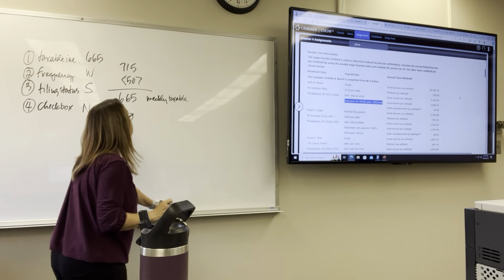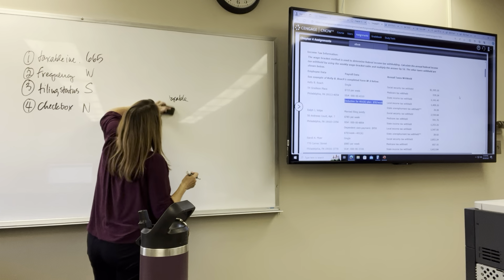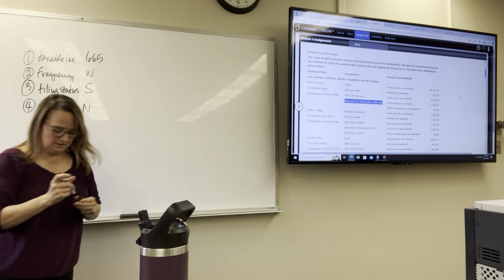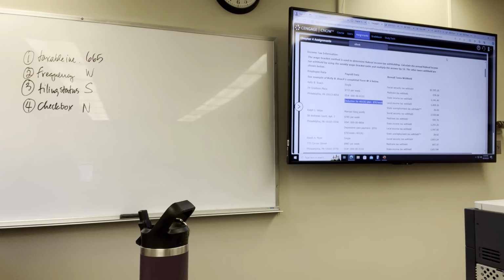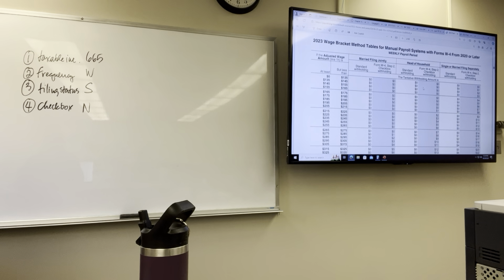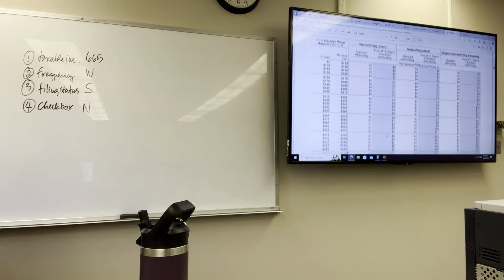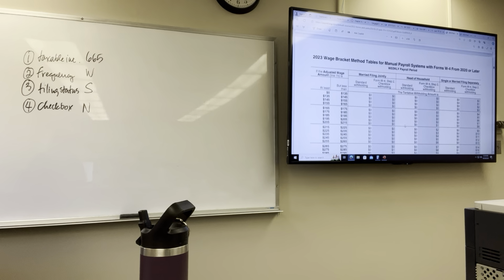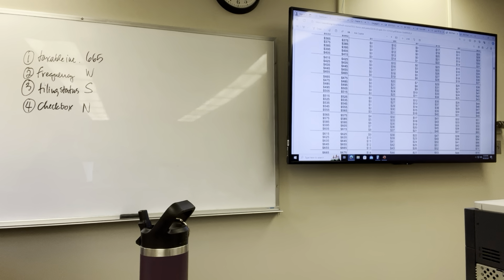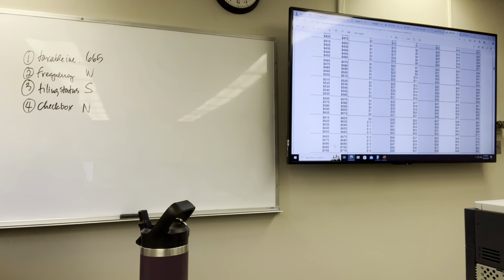So here's our taxable pay, and then we'll use this to figure out her withholding. Wage bracket method, $665 weekly. Again, we fall right on the line, so we use the second line.